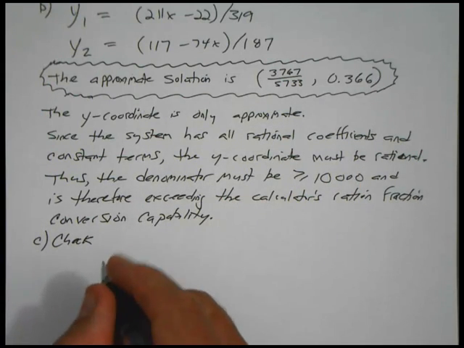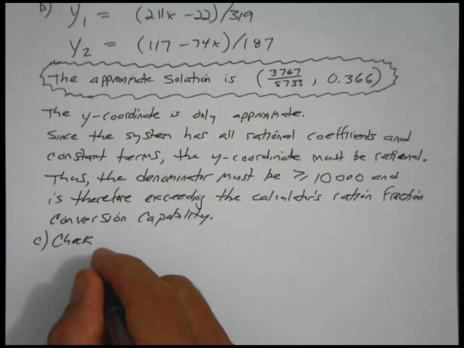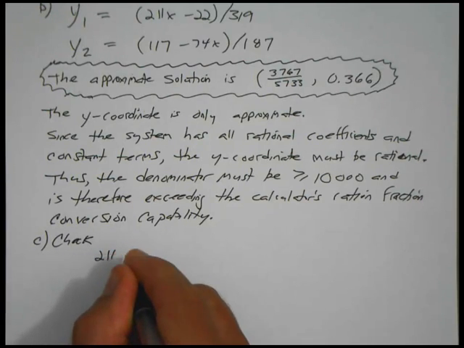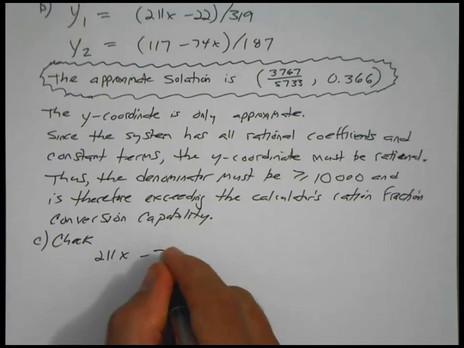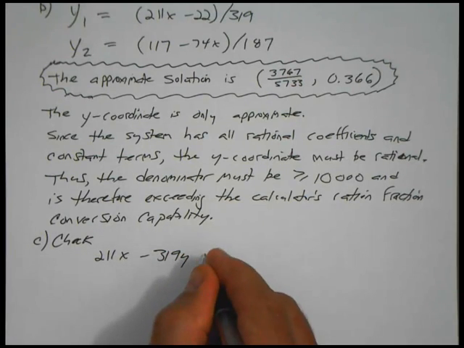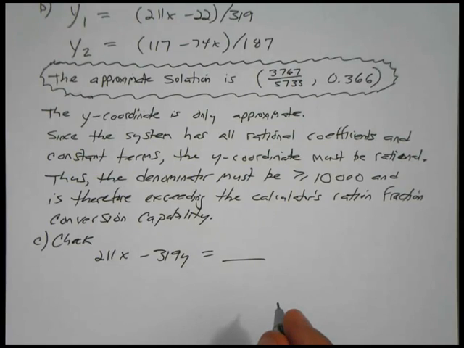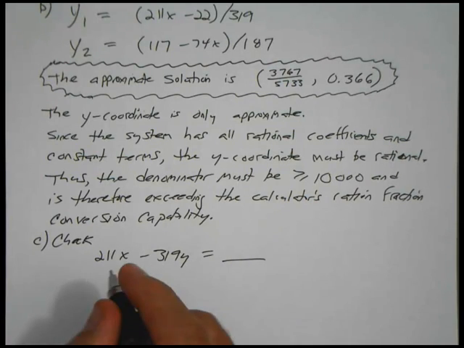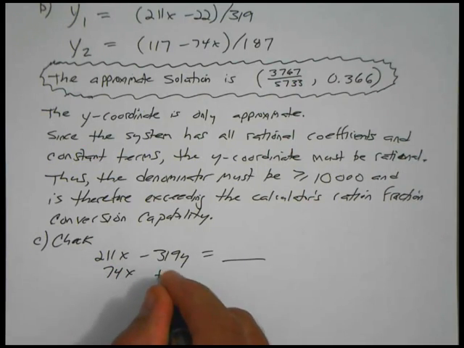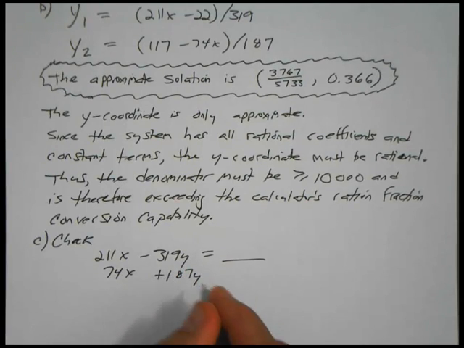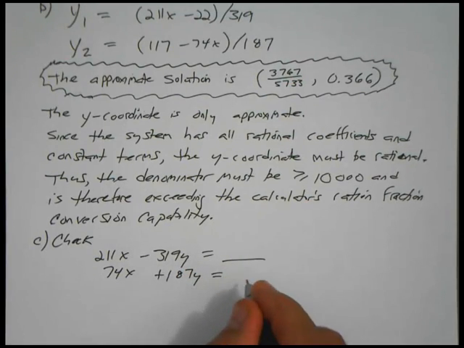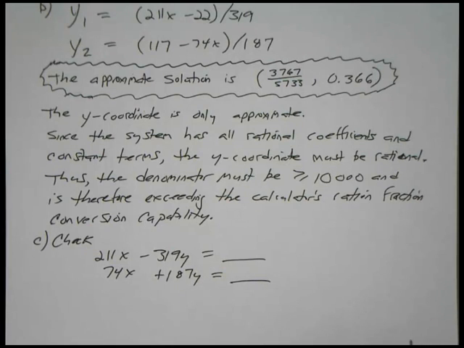Alright, the left-hand side of the original equation, the first one, is 211x minus 319y. We'll see what that is on the calculator. The second equation, original, is 74x plus 187y for its left-hand side. Then we'll see what the calculator provides for the right-hand side. Alright, let's go to the calculator.